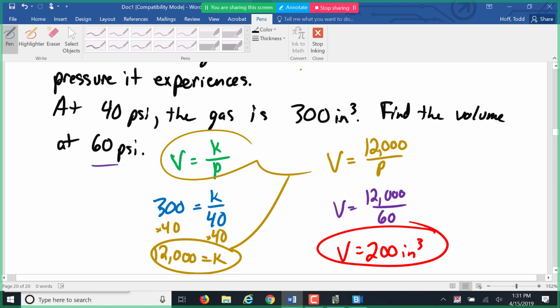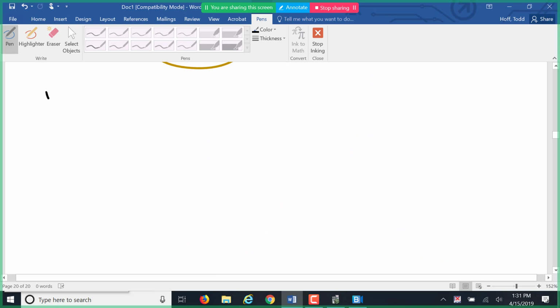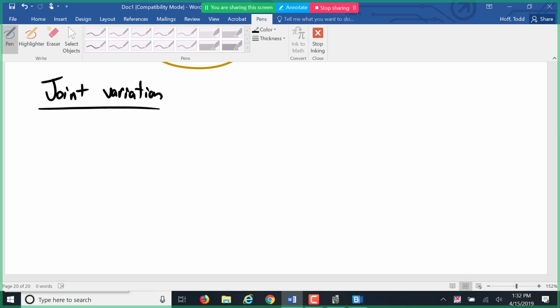Okay. Well, there's something called joint variation. Joint variation is a combination of inverse and direct. More often than not, above we held a constant.